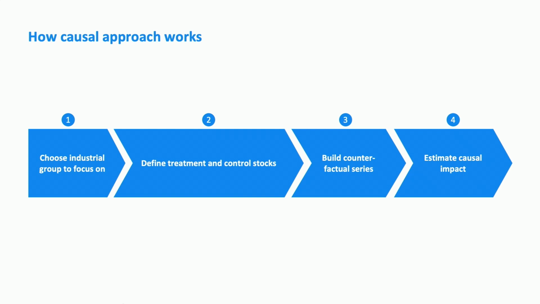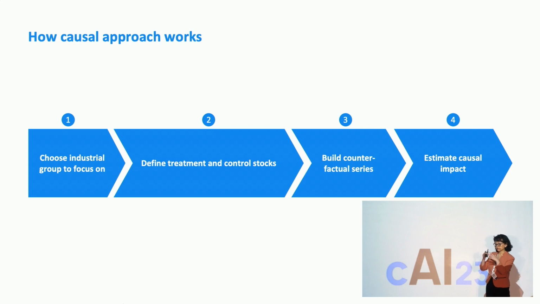A target price downgrade is when analysts issue a target price downgrade on a stock intraday. So the treatment group is the stocks that have a target price downgrade on that day, intraday, during trading hours. And the control group is all the rest of the stocks in the same Canadian gold mining sector that have no news on that day. Not just no target downgrade, but no other news either.